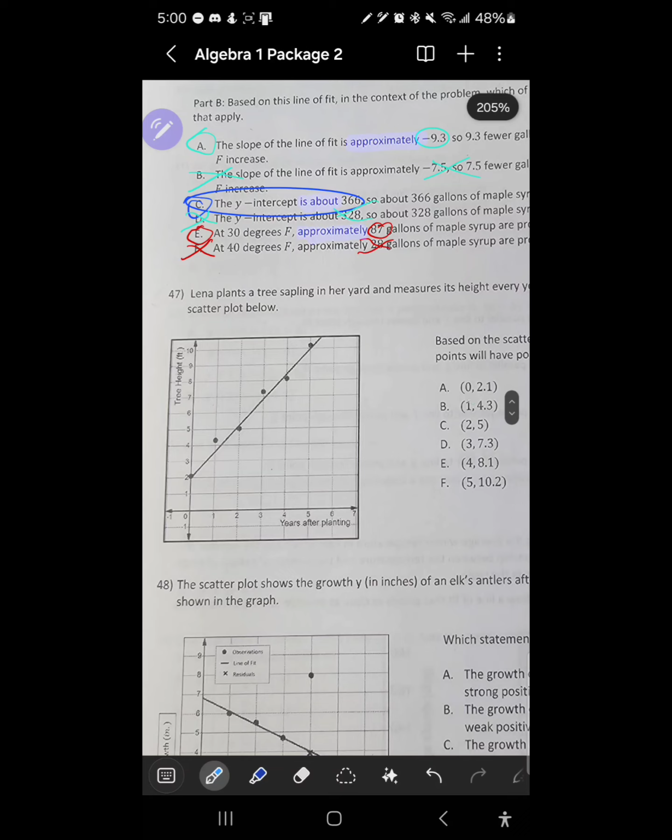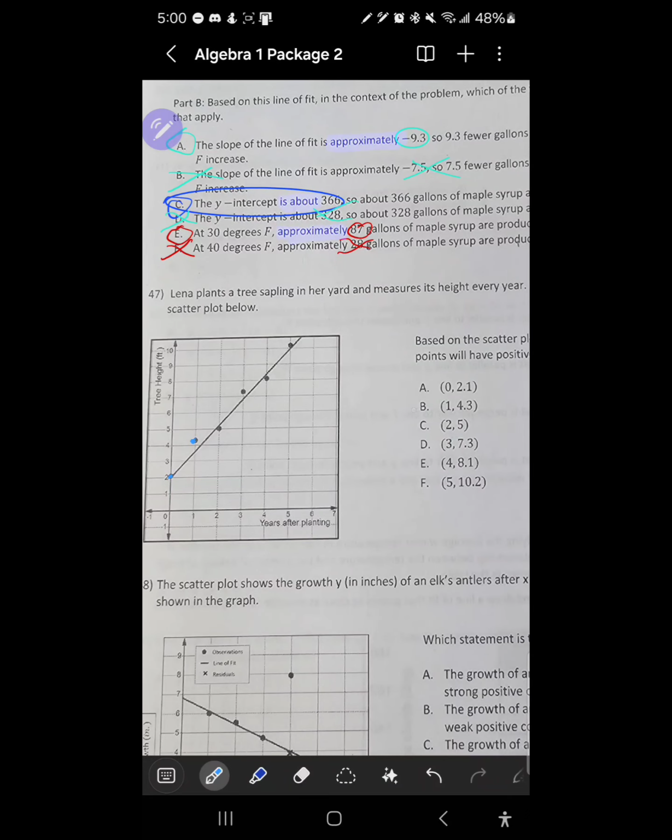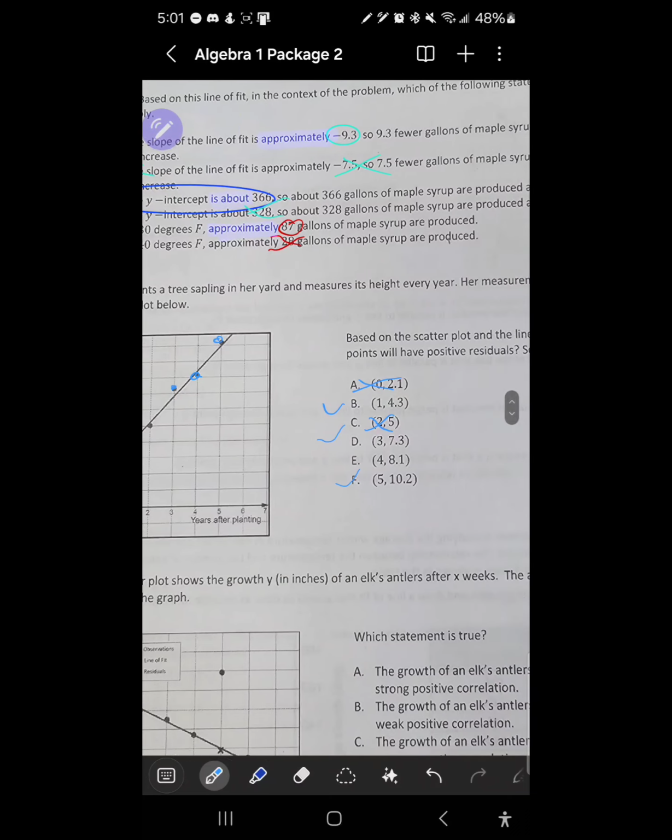Now, based on that, I'm going to go through the points. 0, 2.1 is actually on the line, so not really. 1, 4.3, okay, I like this one. This is good. 2, 5 is under the line, so no. 3, 7.3, yes. 4, 8.1, no. And 5, 10.2, yes.